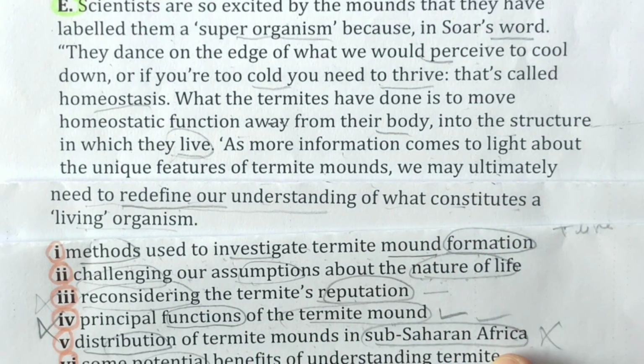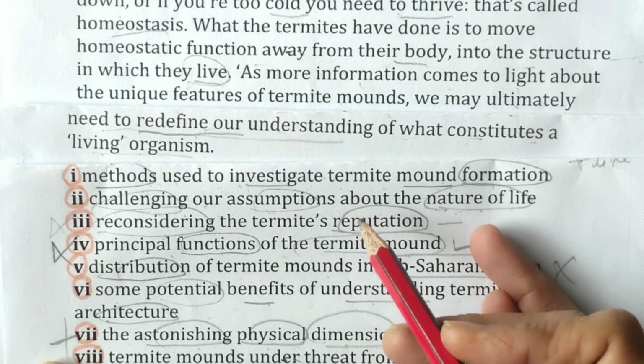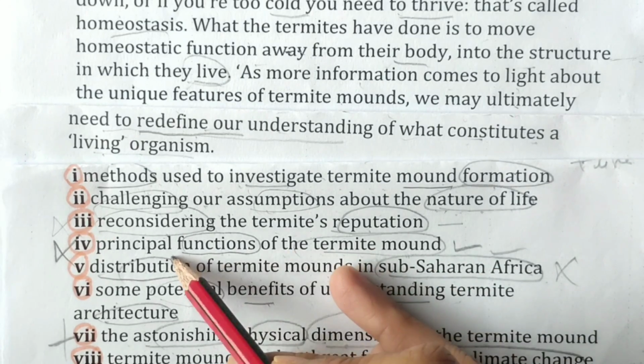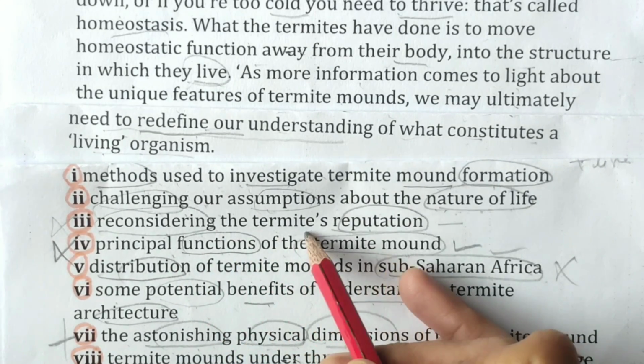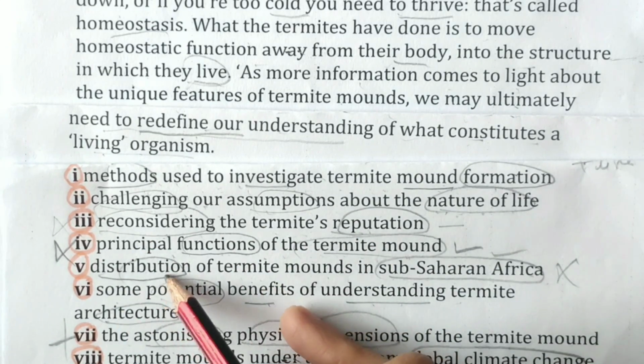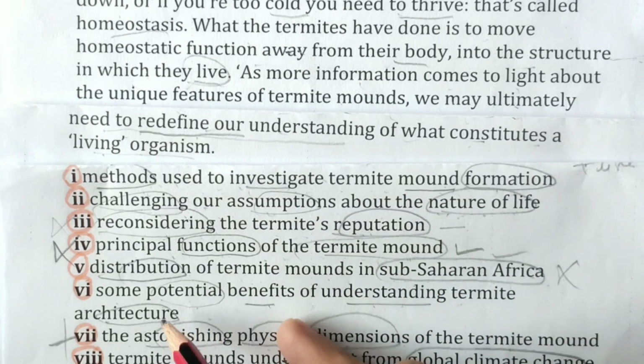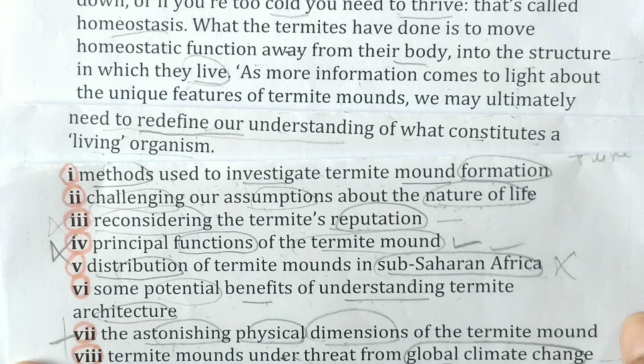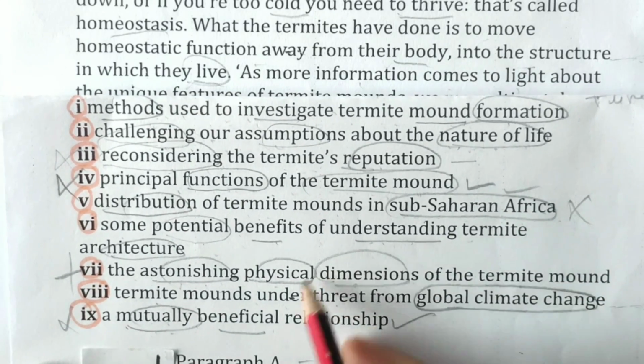See this. I have read these headings so many times, so now I remember every heading. Principal function, reconsidering termite reputation, these we have done. Distribution of termite mound, this will not come. Some potential benefits, astonishing physical dimensions also will not come.